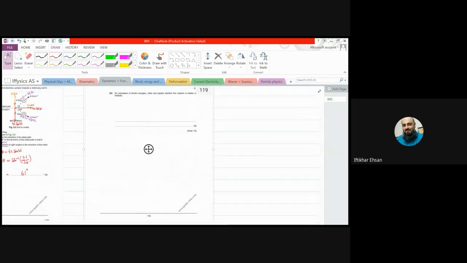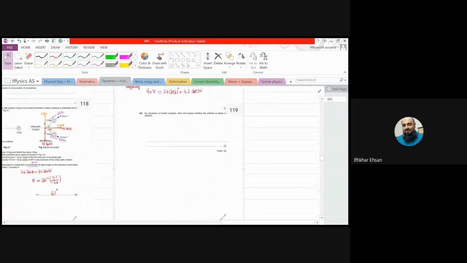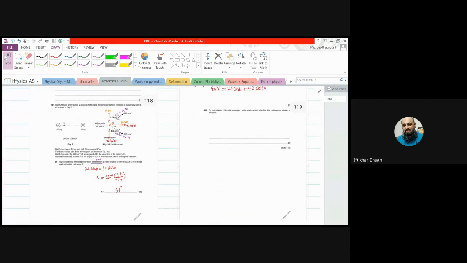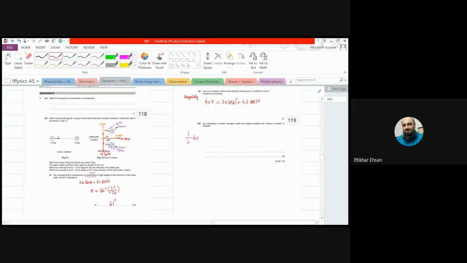Now next, by calculation of kinetic energy, state and explain whether the collision is elastic or inelastic. So the initial total kinetic energy will be half times 4 times the value of v squared. Can anybody share what will be the value of v? Both of you have to do this, so it is rechecked.